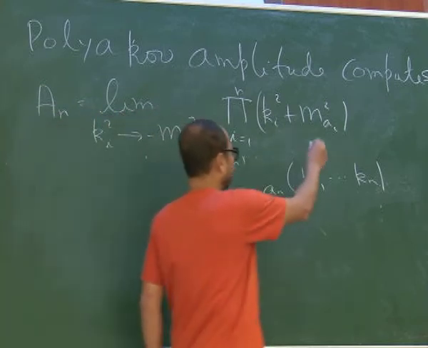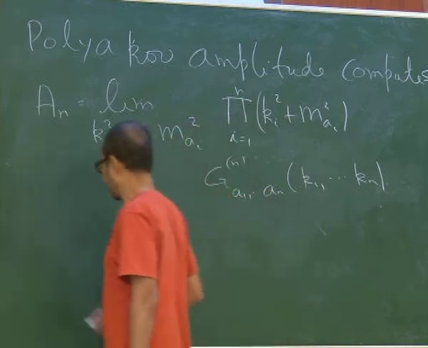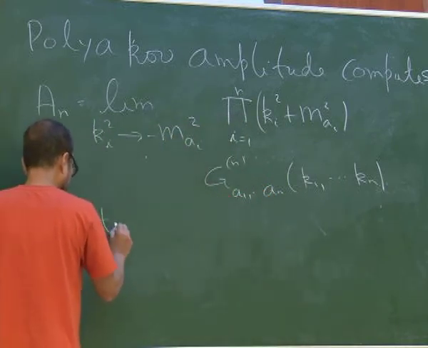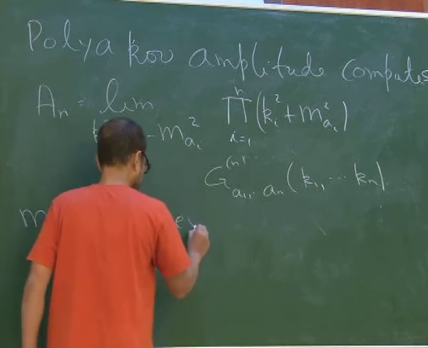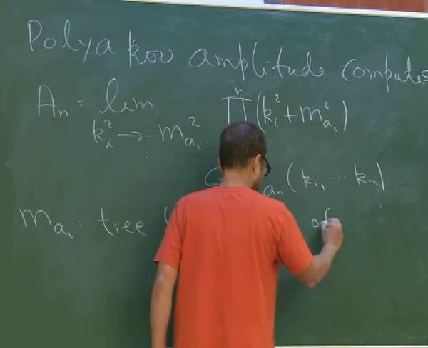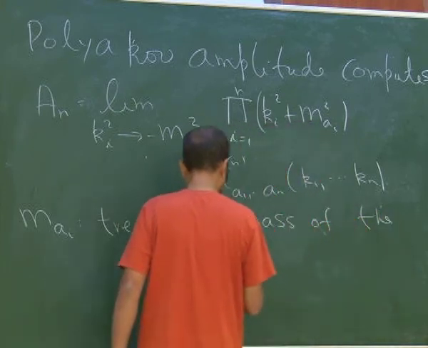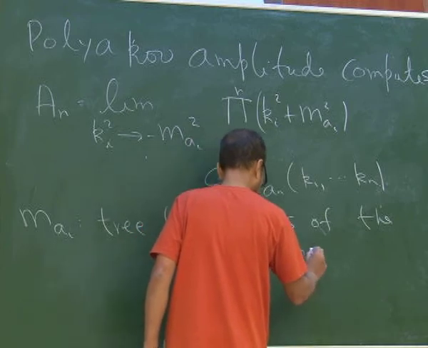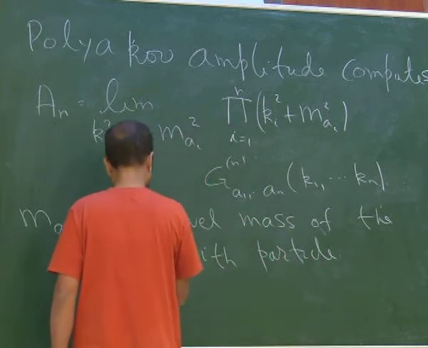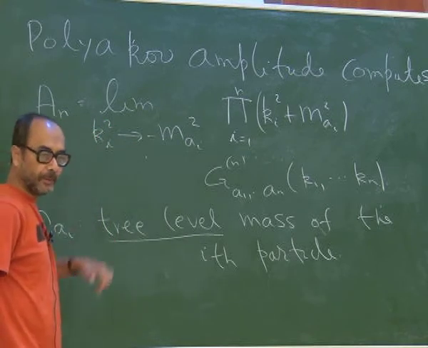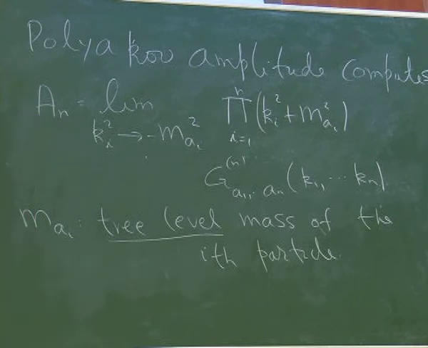Where you have two quantities m_ai. So, what is m_ai? m_ai is the tree level mass of the ith particle. And this is a distinction between the Polyakov amplitude and the S matrix element.